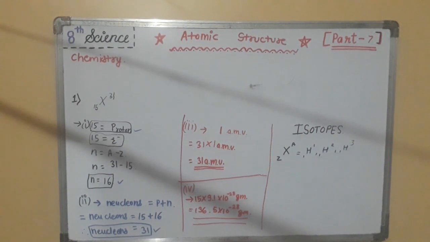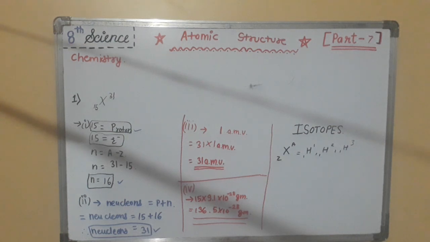The first one is named protium, the second one is named deuterium, and the third one is named tritium. In protium, the number of electrons is 1, protons is 1, and neutrons, A minus Z, is 0.